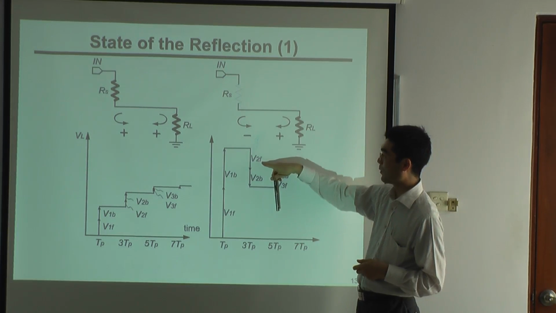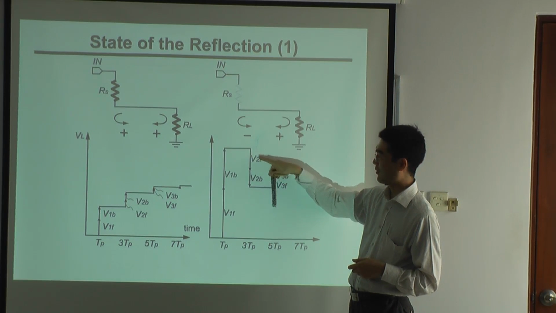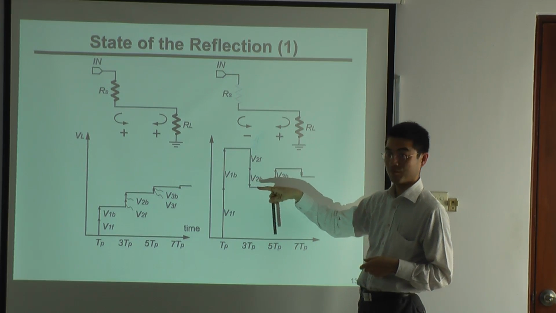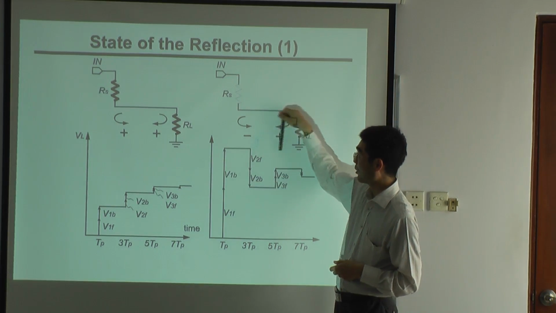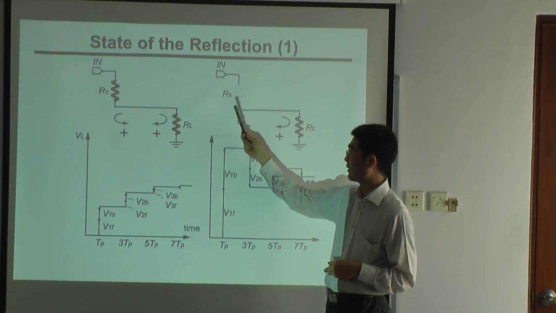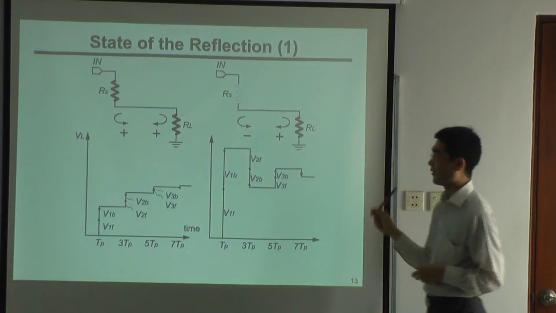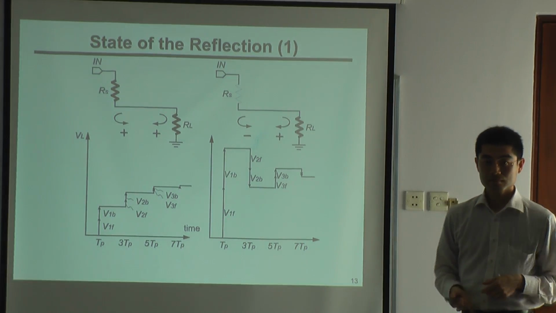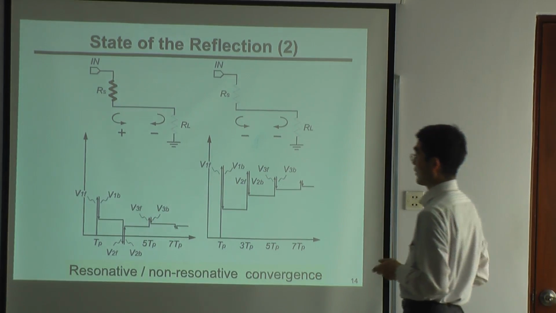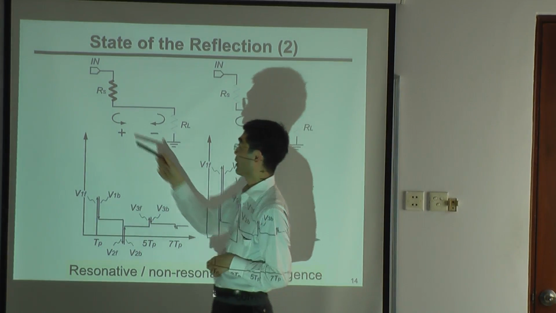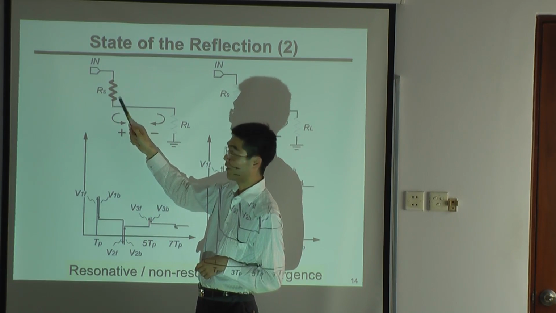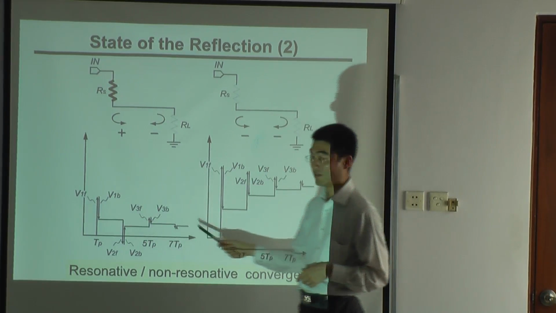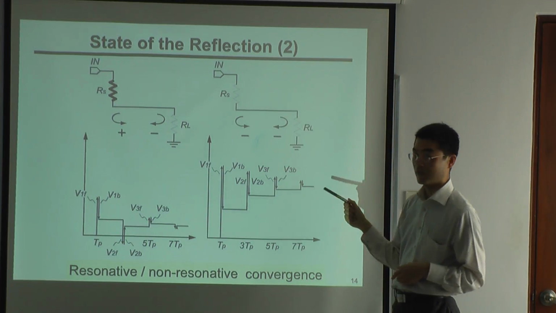So the second forward going wave becomes minus. And minus is reflected by plus, so that means the backward wave is also minus. And this minus going wave is then reflected and comes back. So in this case, the voltage here will also oscillate. And in the same way, when there is a large sender side and smaller receiver side, it oscillates. And most of them are smaller than the characteristic impedance.